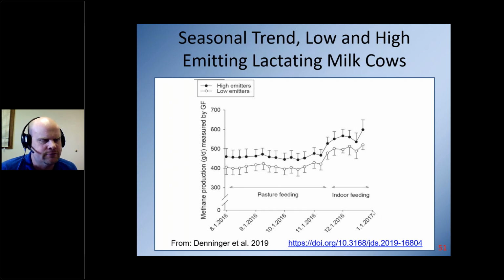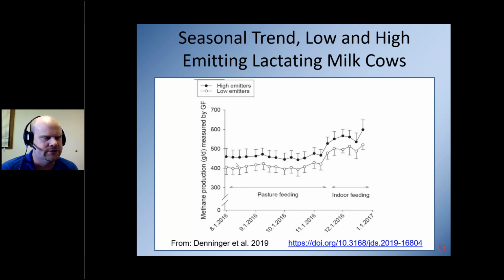It's a period of about 1 year, or actually, I'm sorry, of about 4 months, August through January. And they split the group into high emitting animals and low emitting animals. And then they took the averaged emissions by week of the high emitters and the low emitters and plotted it versus time for different feeding strategies.